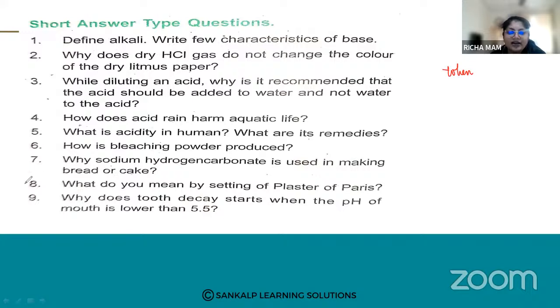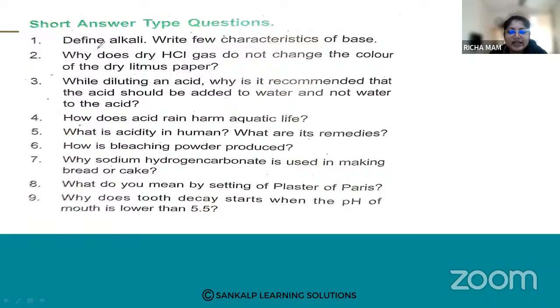It will get hardened into a solid mass. So it is called setting of plaster of Paris. If you put water, it will get solidified. Okay, fine.